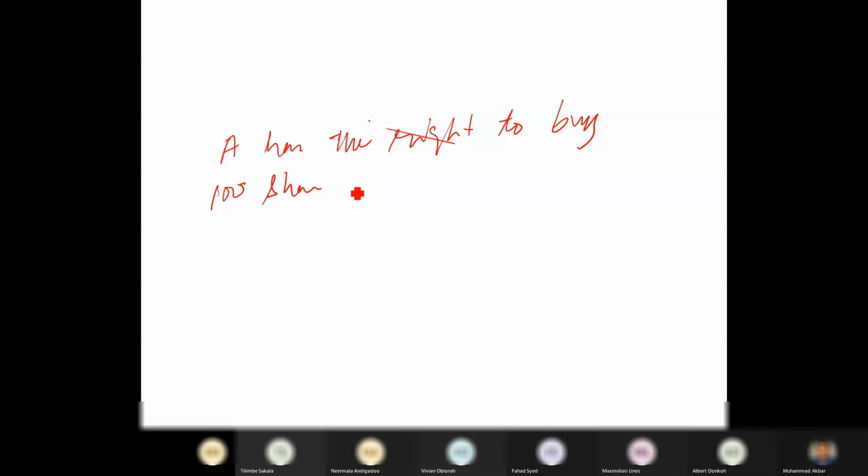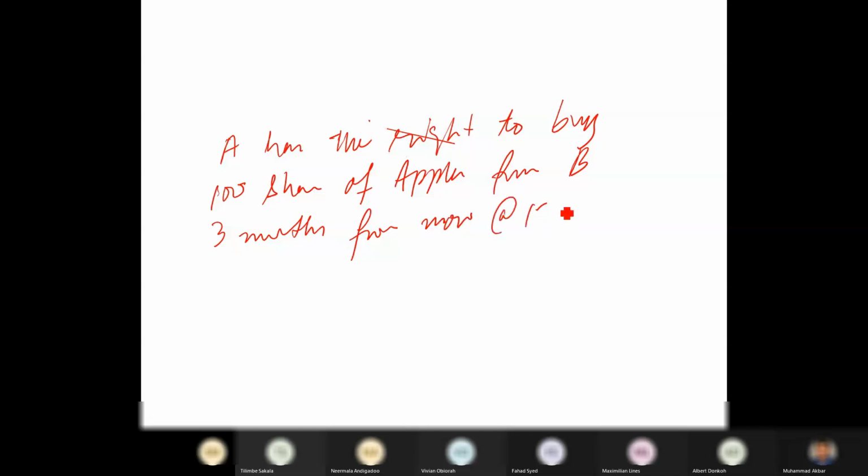I'm just saying A has the right to buy 100 shares of Apple from B 3 months from now at $125 per share. So the right to buy. If it is the right to buy, we call it a call option. If it is to sell, then we call it a put option.